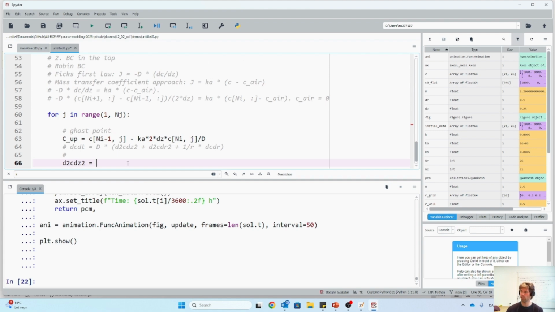So this is where we have to substitute the ghost point into the discretized form of the second derivative. And the discretized form looks like this.